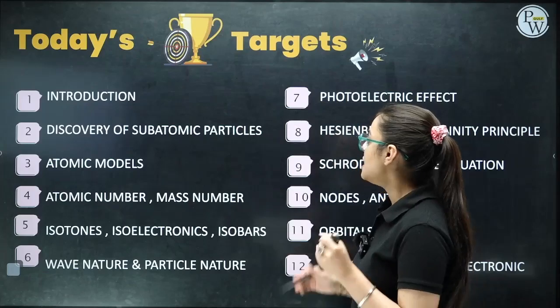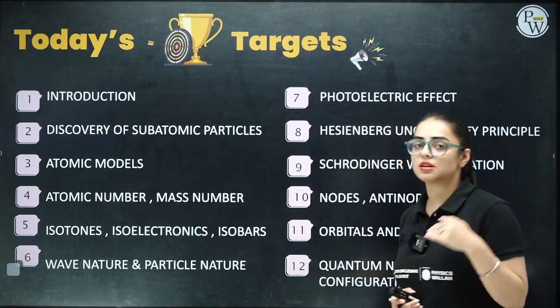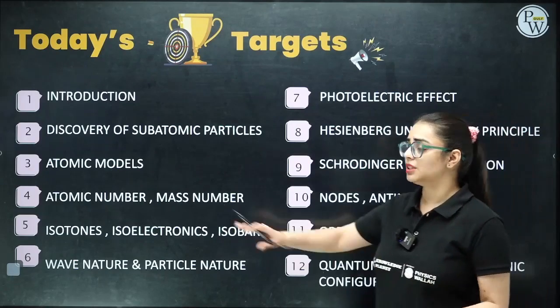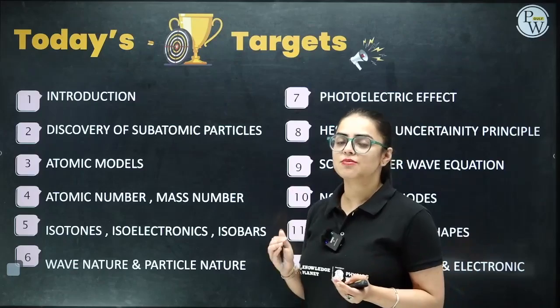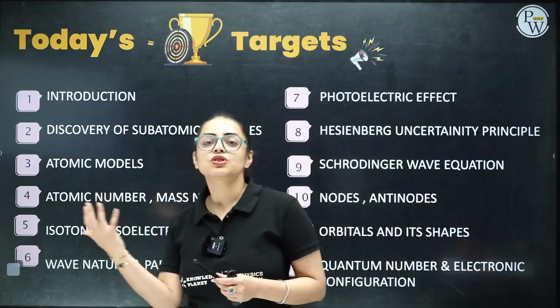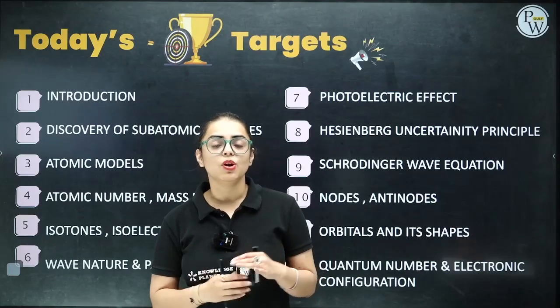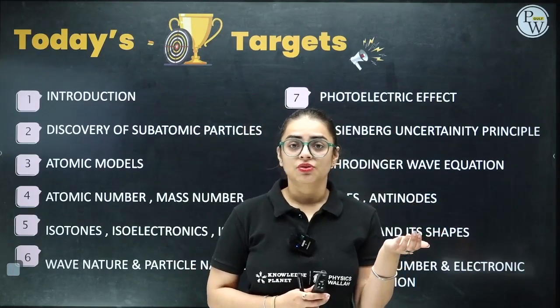After that, students, we are going to understand in depth the discovery of the subatomic particles and the atomic models. Then comes atomic number and mass number. See, atomic number and mass number is, I would say, a start towards the introduction of elements, from where you are going to understand how an element is represented.